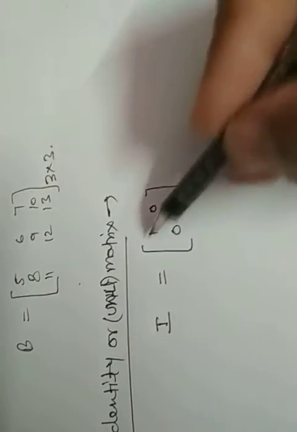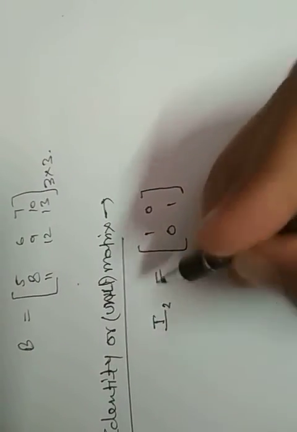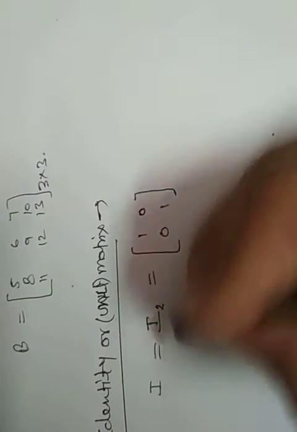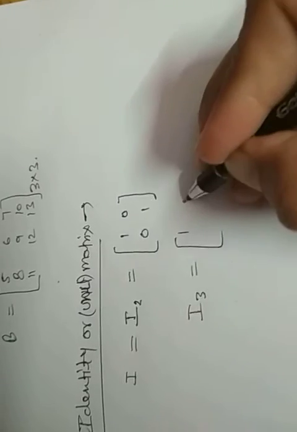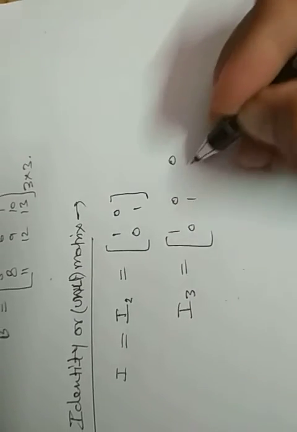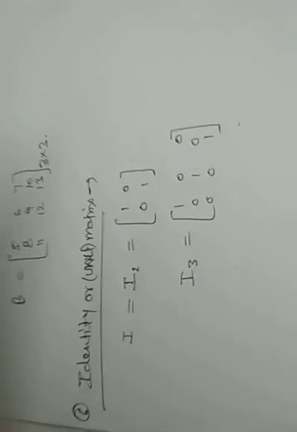So the main diagonal elements are 1 and other elements are 0. For 2 by 2 order we write it I2, or simply I. And for 3 by 3 order it is written as 1 0 0, 0 1 0, 0 0 1, like this. So this is unit matrix or the identity matrix.